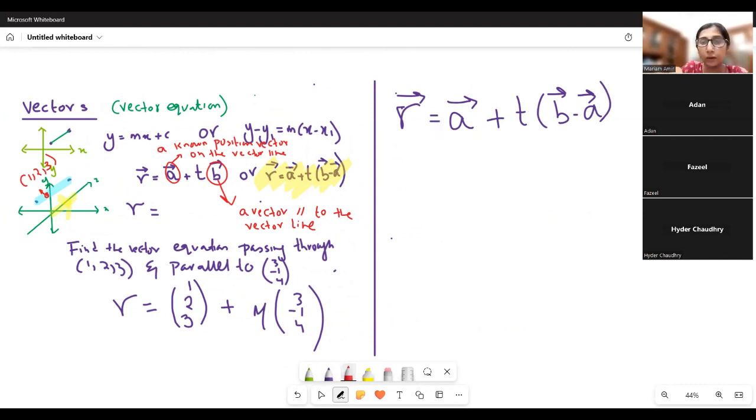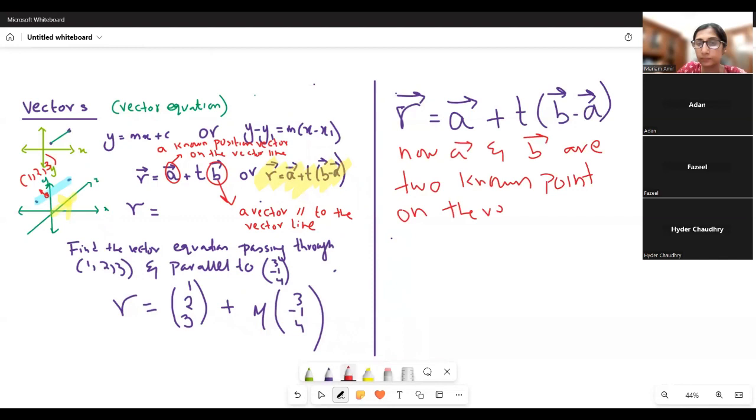Okay, now A and B are two known points on the vector line, or two known position vectors on the vector line.